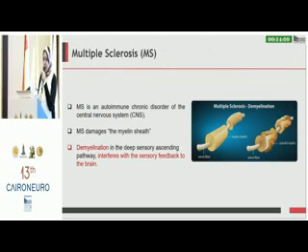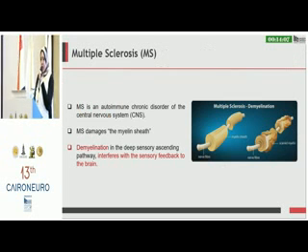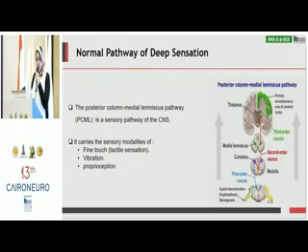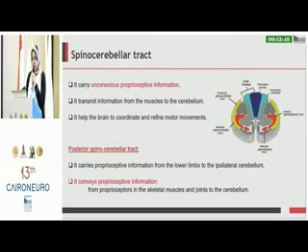Demyelination in the deep sensory ascending pathway interferes with the sensory feedback to the brain. Therefore, the normal pathway, the posterior column medial lemniscus pathway, is responsible for carrying the sensory modalities to the brain, such as fine touch, vibration, and proprioception.